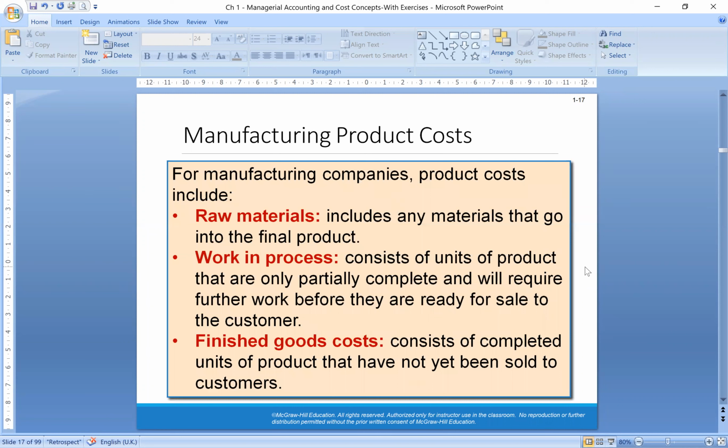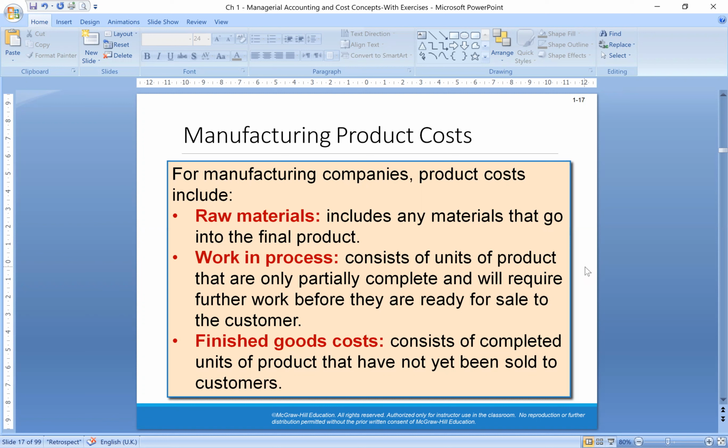For the manufacturing companies, product costs include 3 inventories, if you like. The first inventory, called raw materials, which includes all materials that go into a final product, which means these raw materials are used to produce our products, like the wood to manufacture a table.